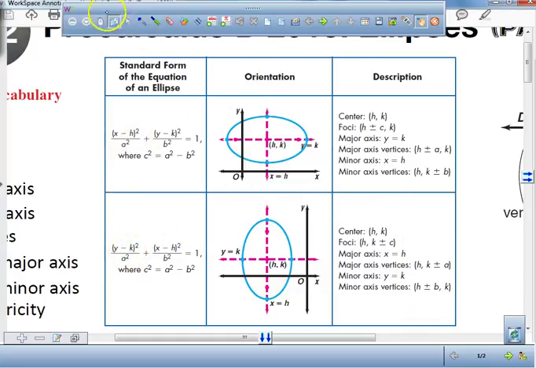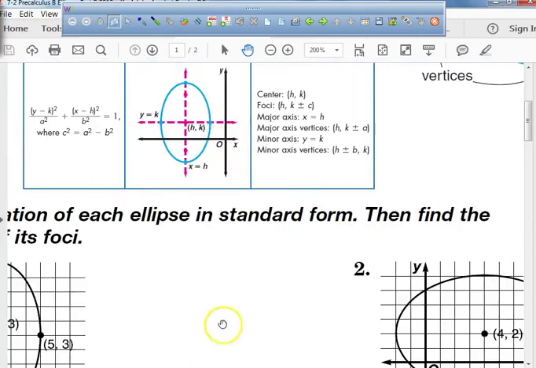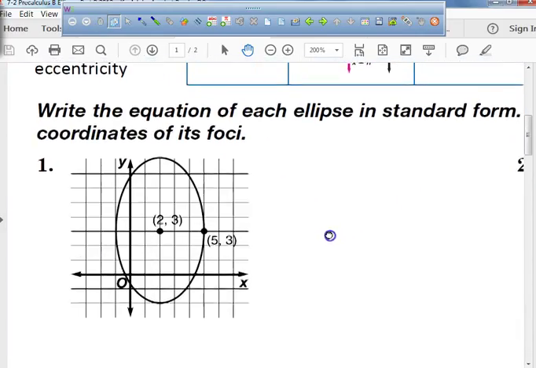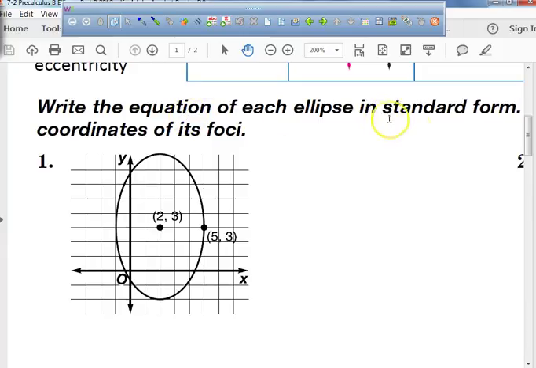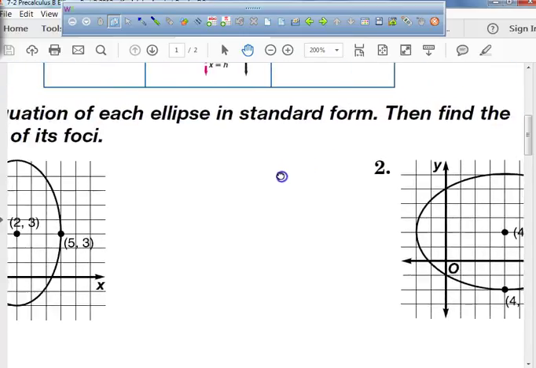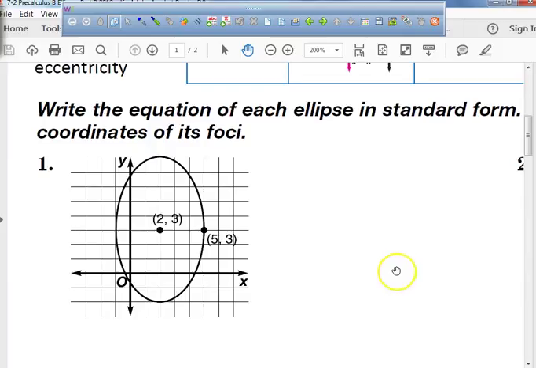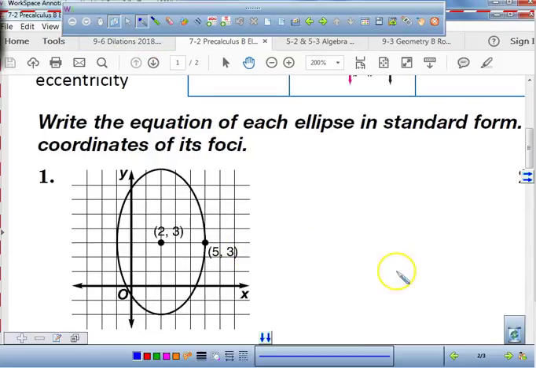Let's take a look at our very first problem. It says write an equation of each ellipse in standard form. Then find the coordinates of its foci. Does this look like the first equation or the second equation? What do you think? Second.